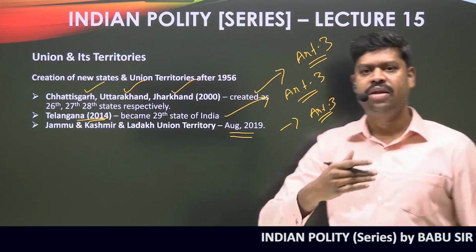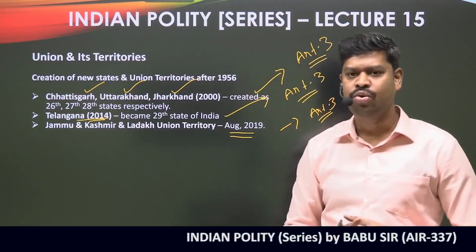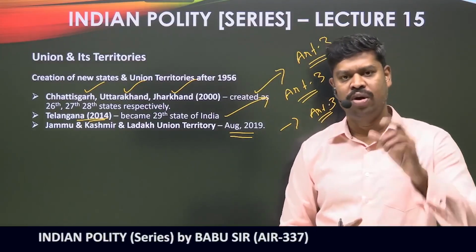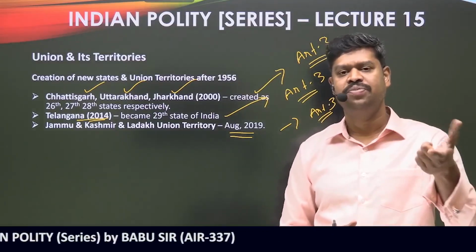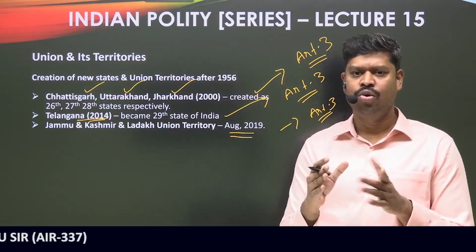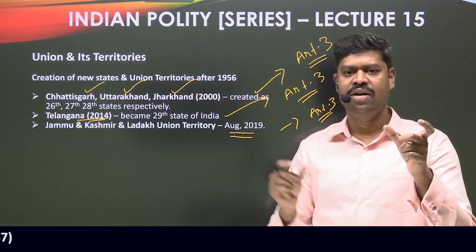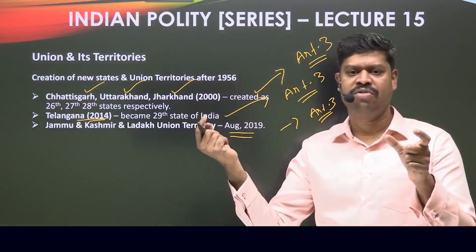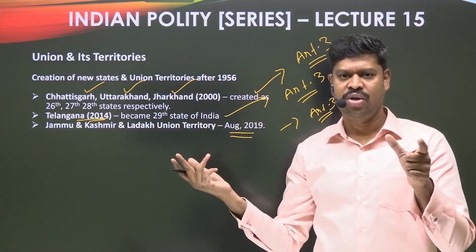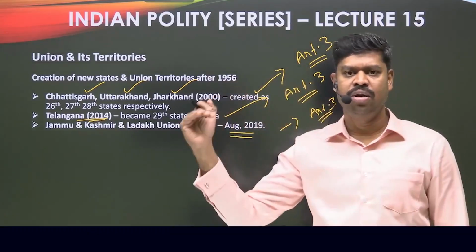One is the union territory of Jammu and Kashmir, and the other is the union territory of Ladakh. So earlier we had 29 states and 7 union territories at that point of time. This 29th state was converted into 2 union territories. So that would make 28 states and 9 union territories.